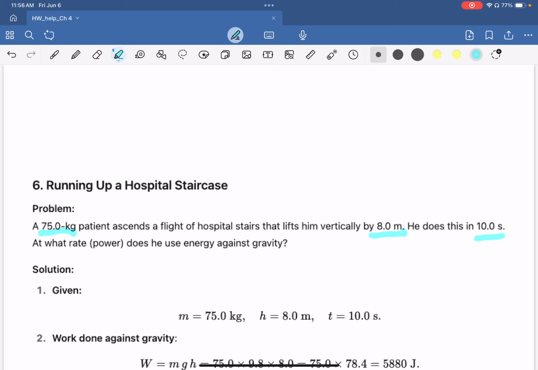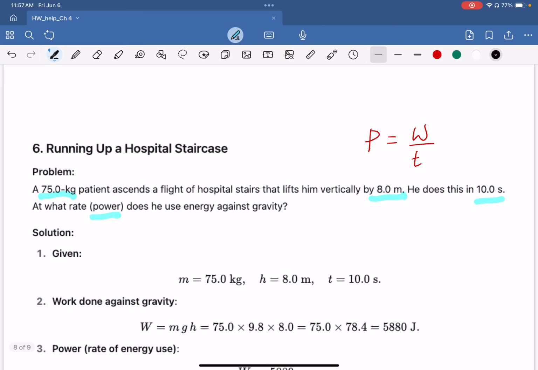Time is given. Why? Because you're asked to find power. Power is work over time. So in this case, you got to find the work and then divide it by the time. Remember that the work is the change in potential energy, which is what? MGH.